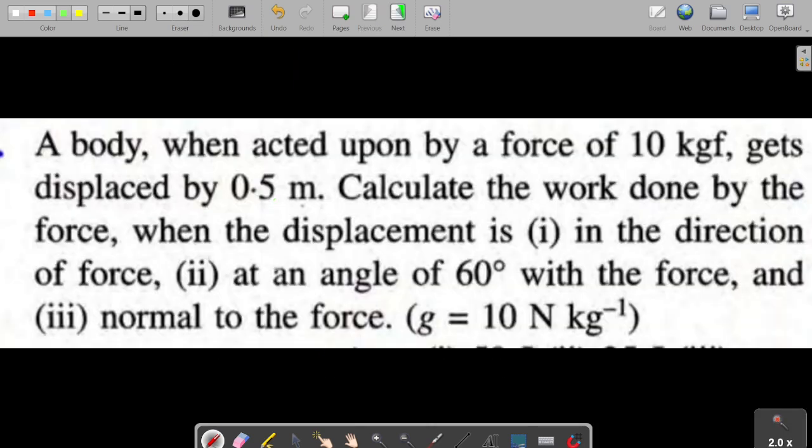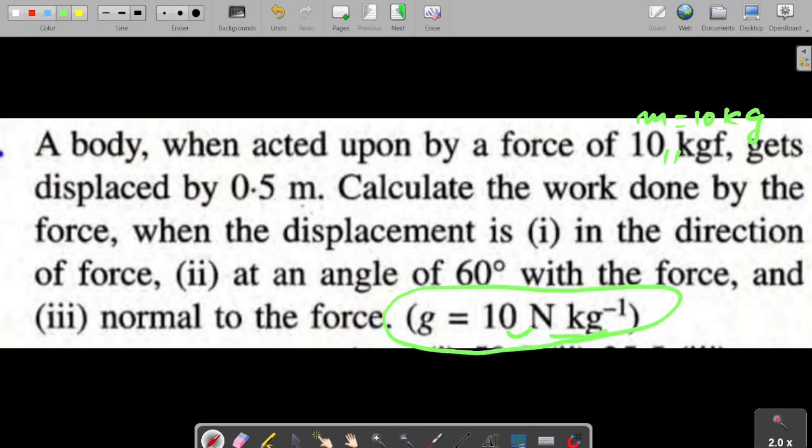So students, we will solve our problem. Our problem is: a body when acted by a force of 10 kgf. So here 10 kgf means mass is 10 kg and g is 10 Newton per kg.